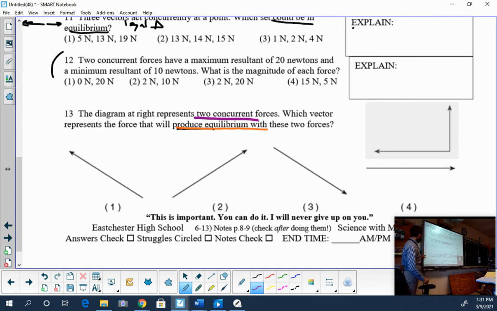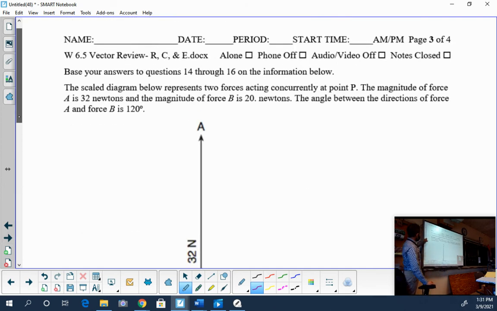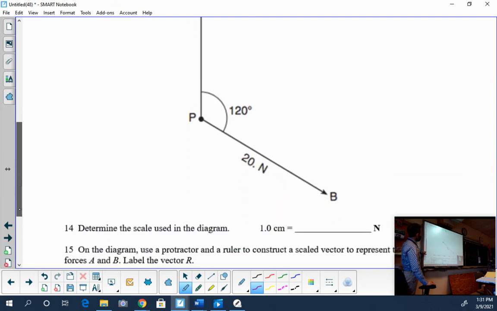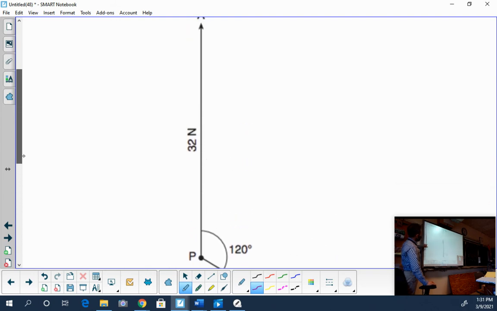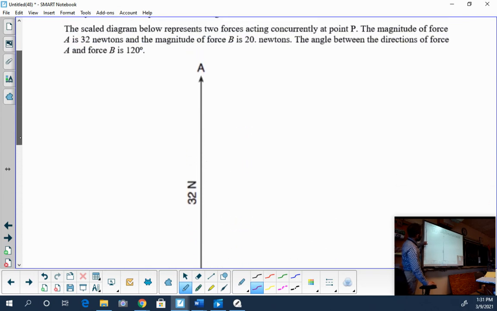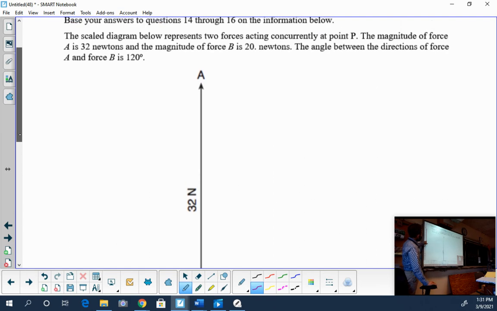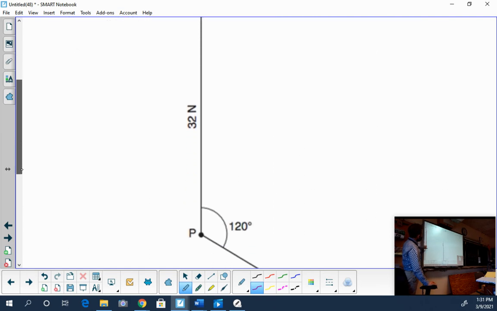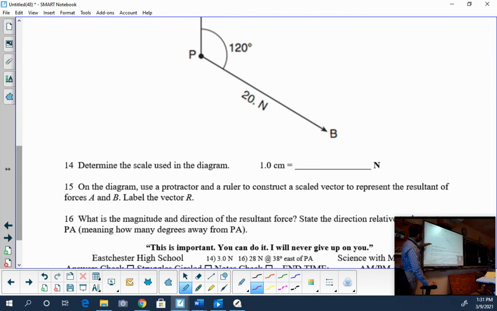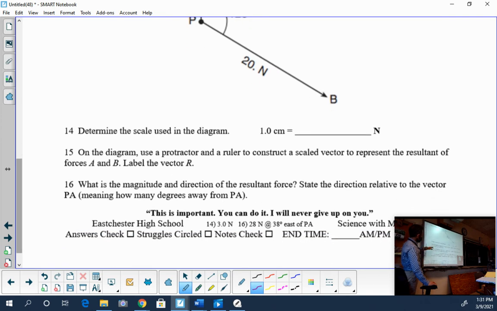The last question is this one. Oh, it's a dandy. So this one right here, you have to find, where is this? Determine the scale, construct a resultant, and then what is the magnitude and direction of the resultant?